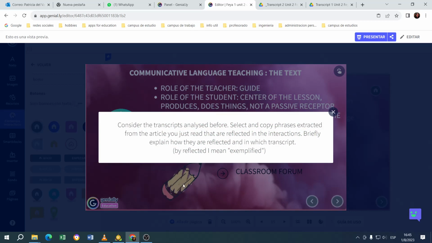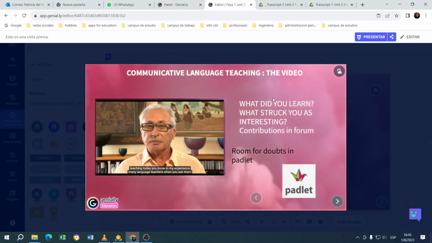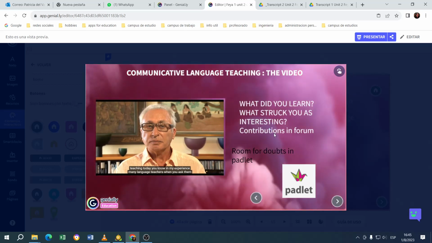This is taken from the route, I hope you remember it. And here you have 2 more. A forum with ideas about what you learned from the video and what struck you as interesting. And the third task is to leave your doubts, questions, things you're not sure about, things you would like to expand on, in Padlet. 3 activities so far, okay?